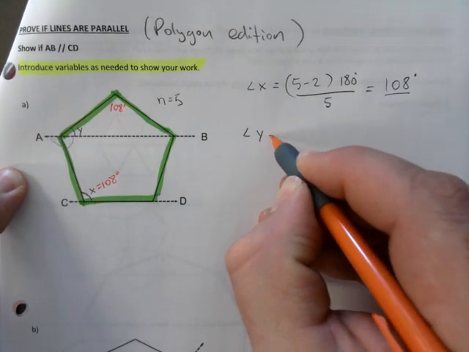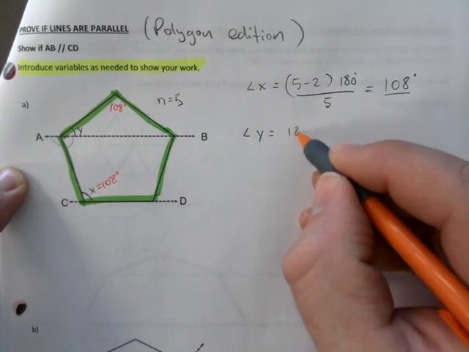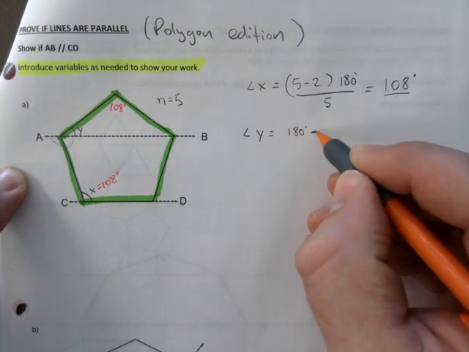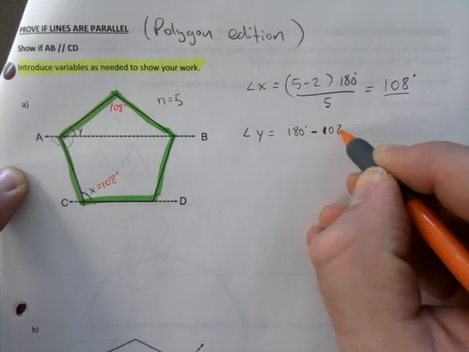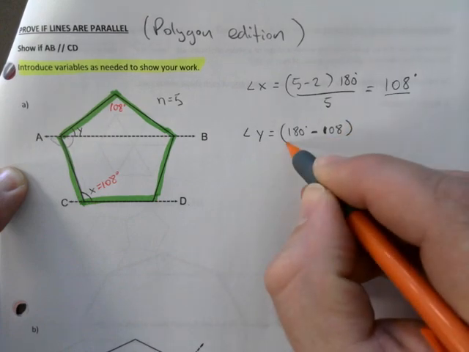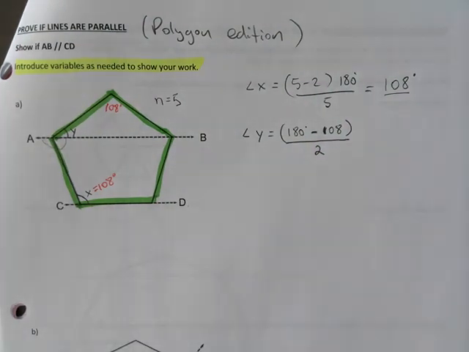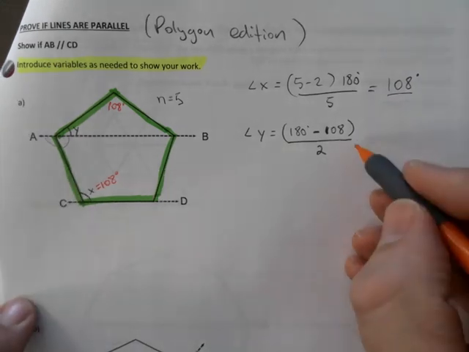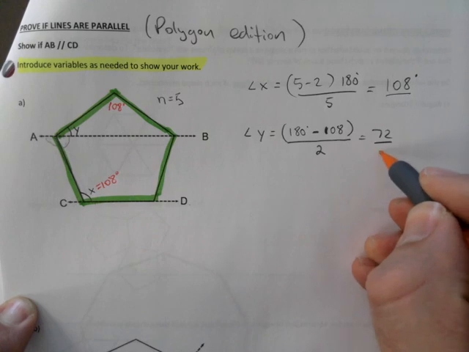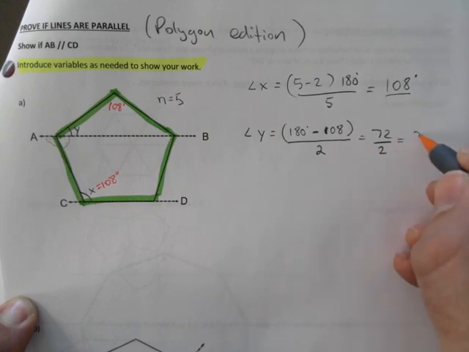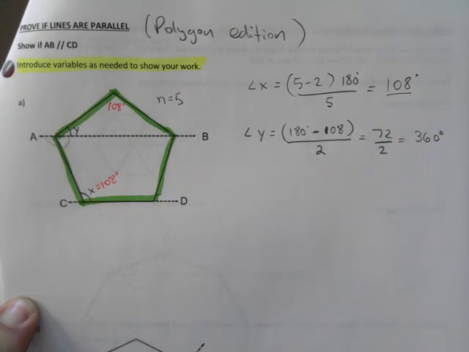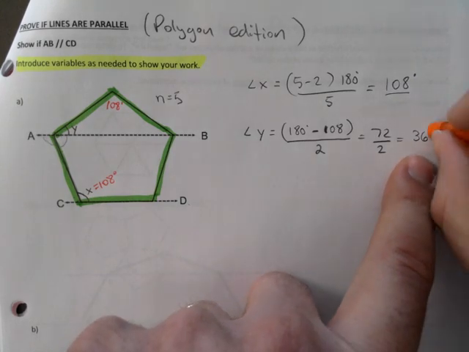So angle Y is 180 minus 108 divided by 2. That's the base angle of that isosceles triangle at the top. So that's 72 divided by 2, which is 36. Ooh, what is that? 360?